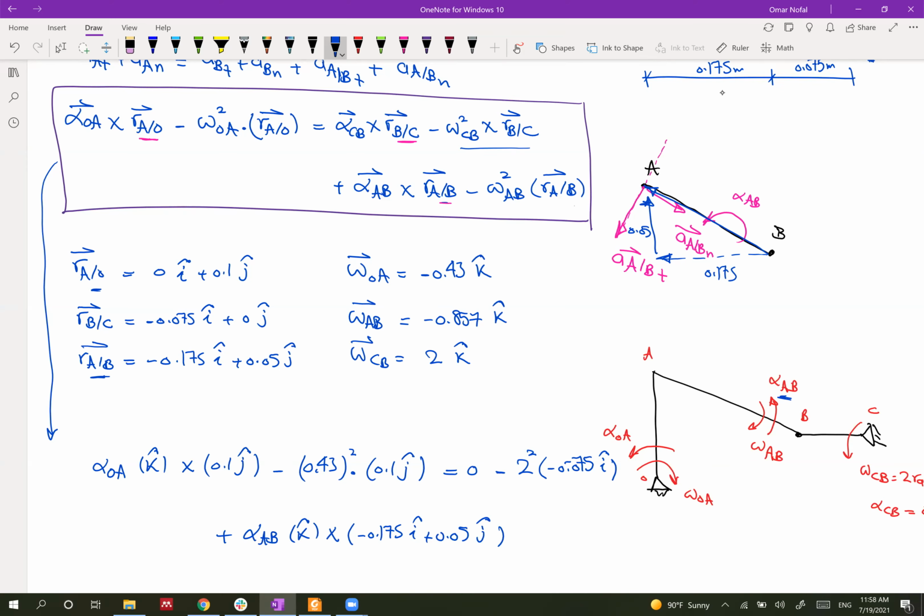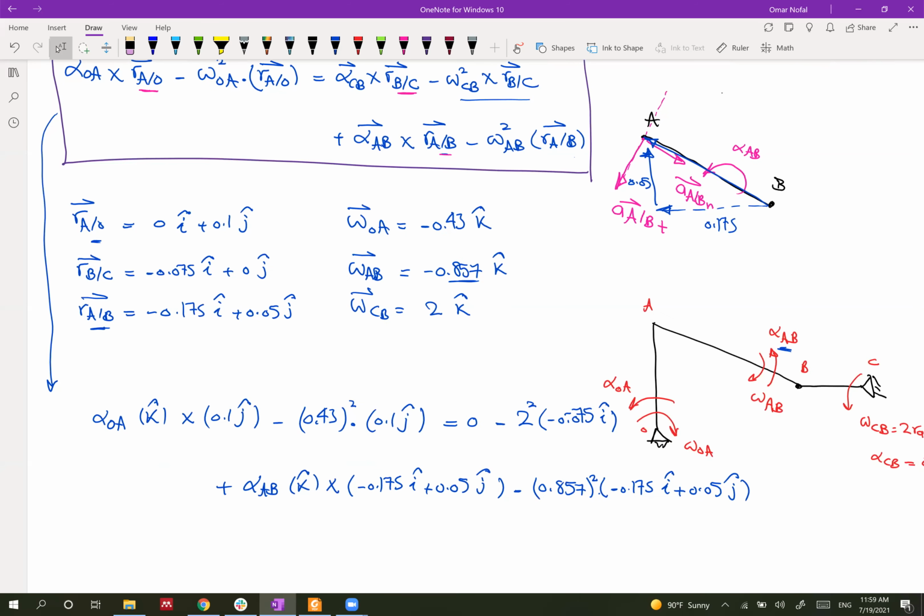And the next term is negative omega AB squared, so it will be 0.857 squared multiplied by RA with respect to P, in the I hat plus 0.05 in the J hat.